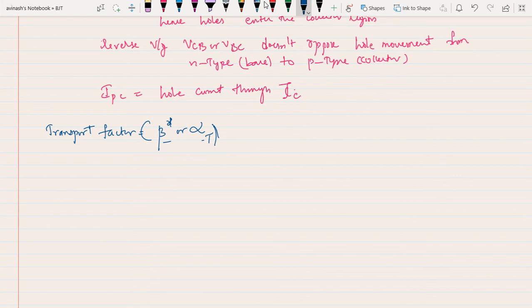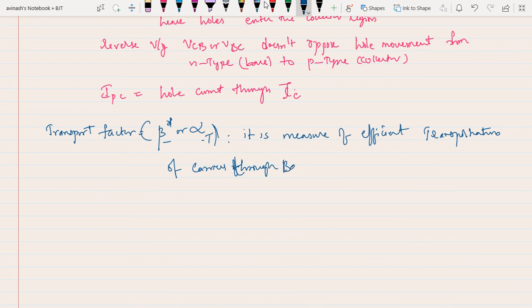It is a measure of the efficient transportation of carriers through the base.